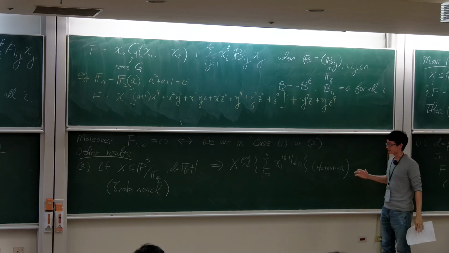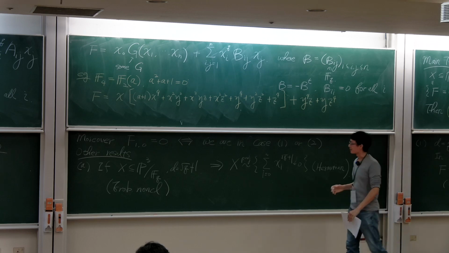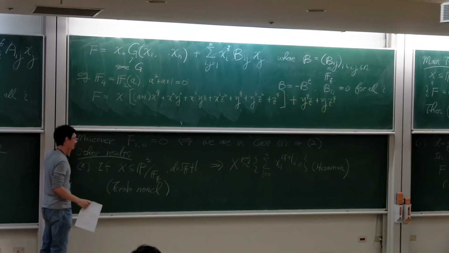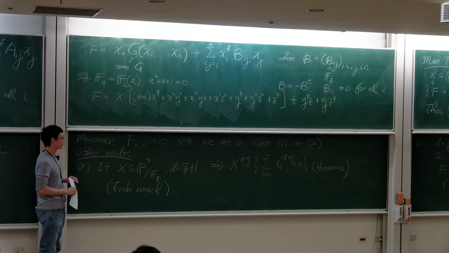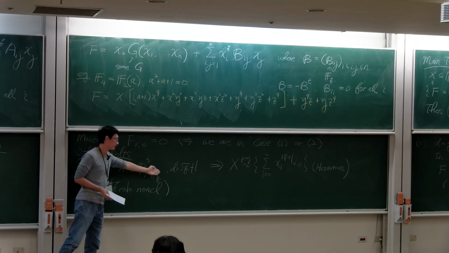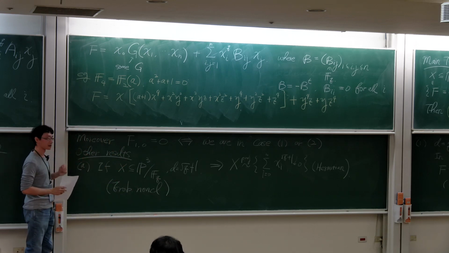But for higher dimension, we have no idea. So I can put this as an open question or conjecture. Is it true that in higher dimension, a smooth Frobenius non-classical hypersurface of degree equal to the lower bound square root of q plus 1 is Hermitian or not?